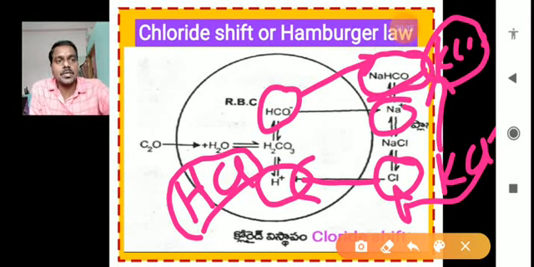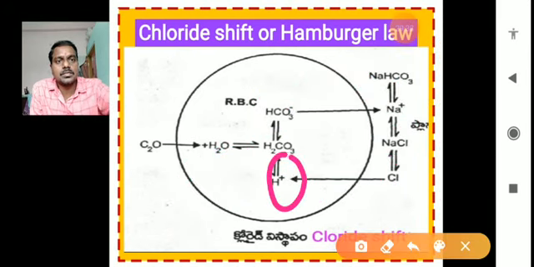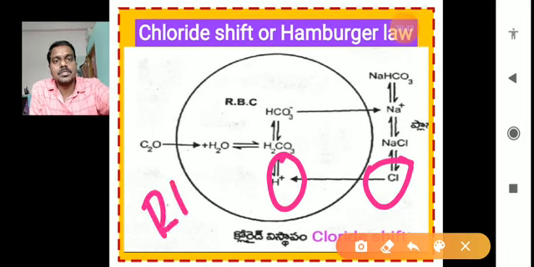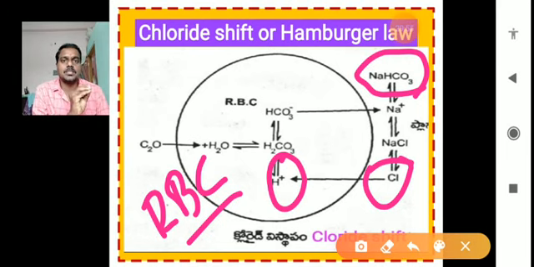So when the chloride ions enter the RBC, the RBC is neutralized, and the carbon dioxide is present in the plasma as NaHCO3, sodium bicarbonate, with the help of the enzyme carbonic anhydrase.